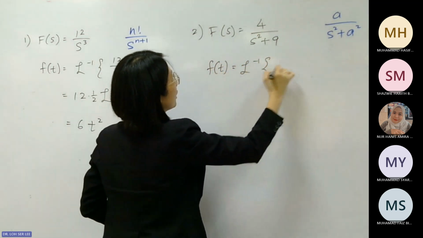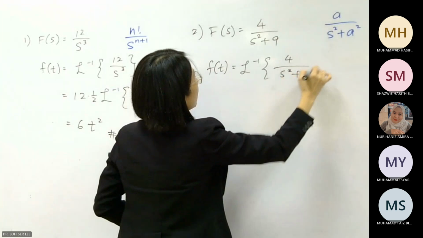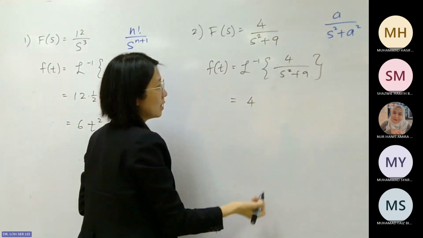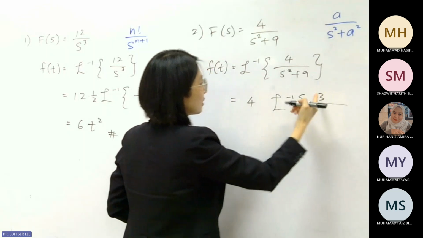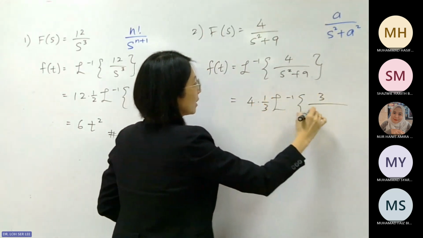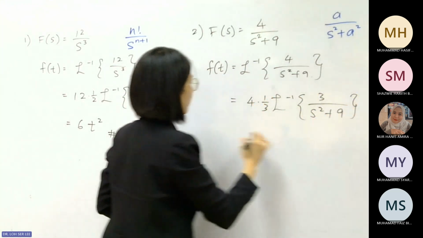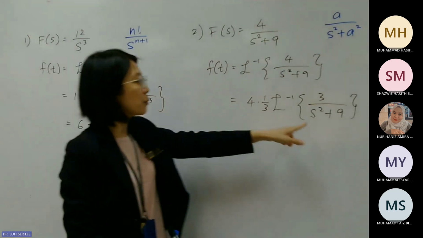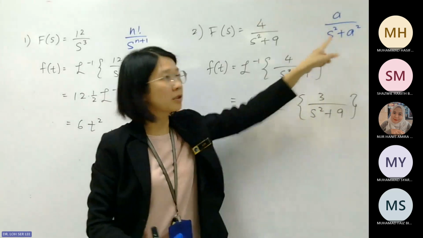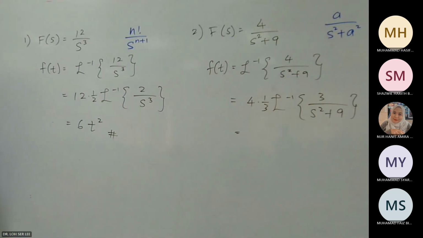So we take out the 4. We insert the 3, then we divide the 3 outside. We do some manipulation to get what we want according to the formula.